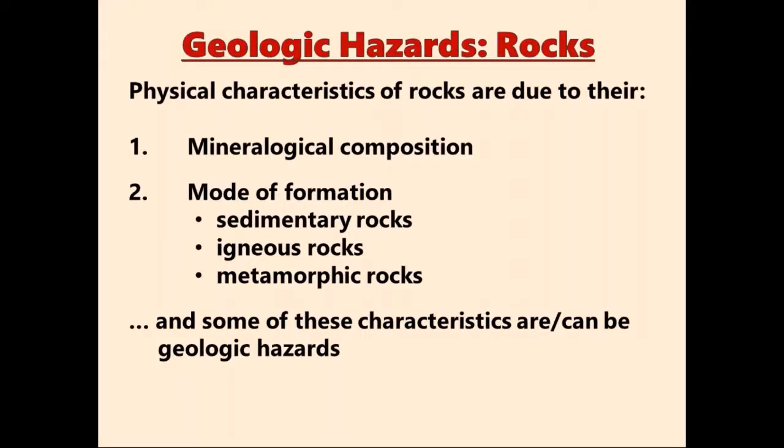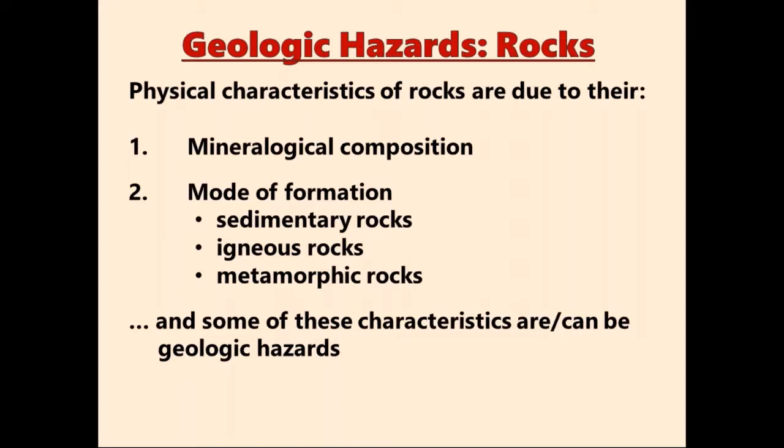All right, the last little bit of the presentation here is just a very topical discussion about how certain rocks or rock types can create geological hazards. So first, keep in mind that the physical characteristics of rocks are due to 2 factors: their mineralogical composition and how they formed, right?